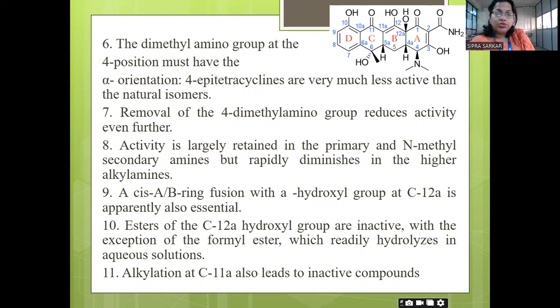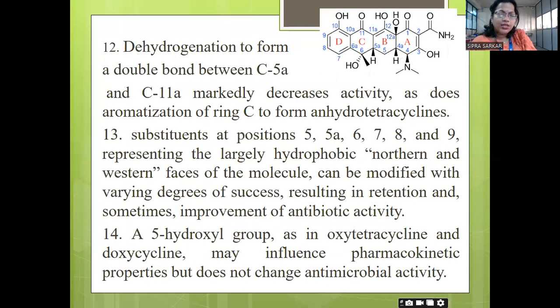Alkylation at the C11 position will also lead to an inactive compound. That means whatever the structure is given, if there is even the slightest modification, the structure will change and the activity will change. Likewise, dehydrogenation to form a double bond between C5a and C11.